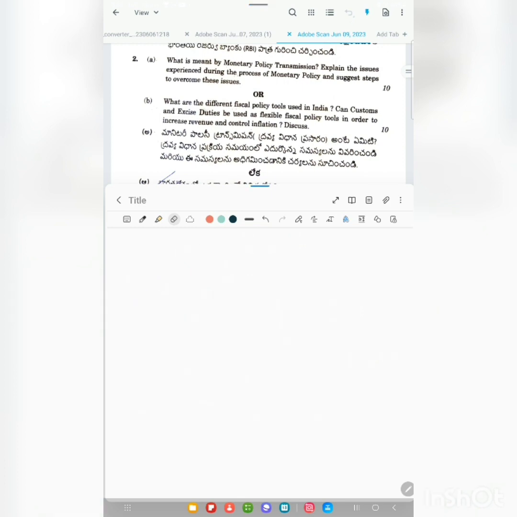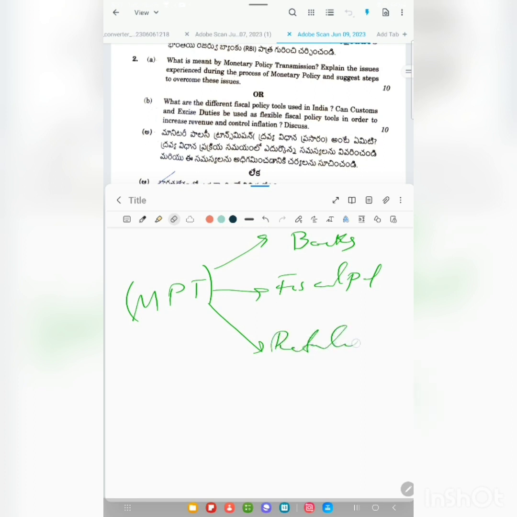Another thing is monetary policy transmission. To whom must this monetary policy impact be transmitted? It must be transmitted to banks, to fiscal policy, to the retail consumers or retailers, and to the financial markets and other institutions.